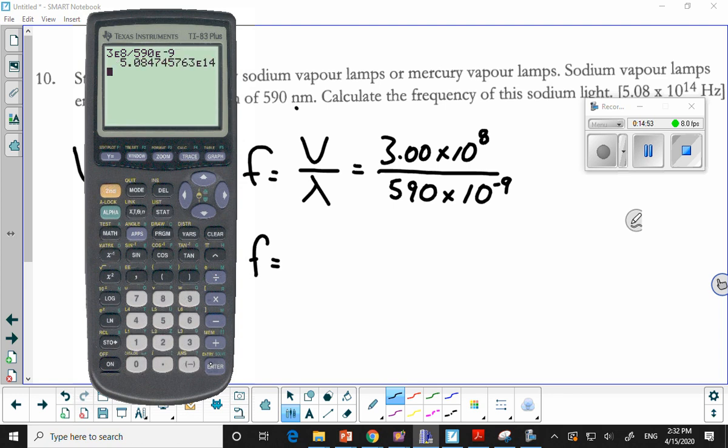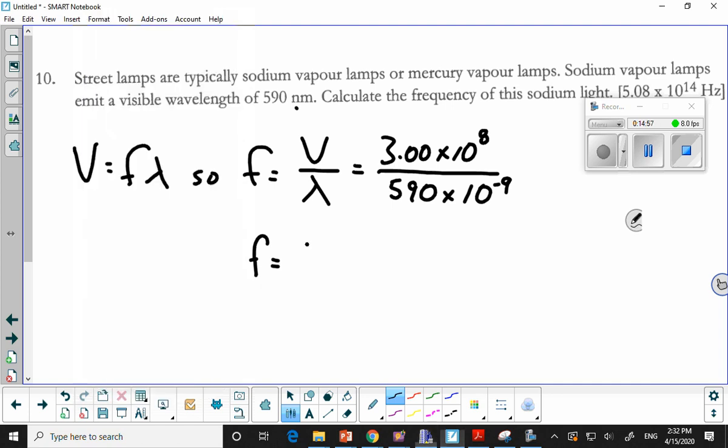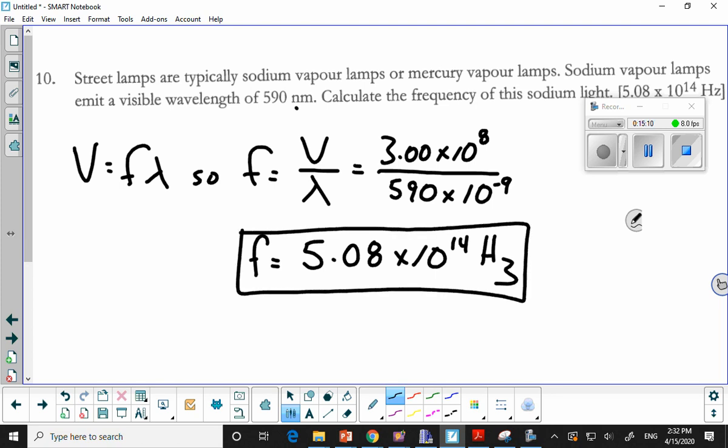We get a frequency of 5.08 times 10 to the 4. Sorry, that's 14 on that calculator. And that looks like the right answer. Take a second, hit pause, copy that.